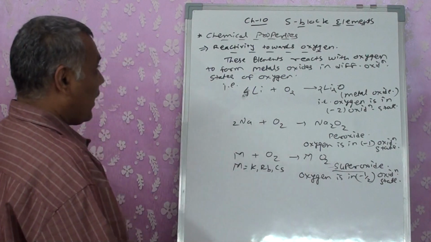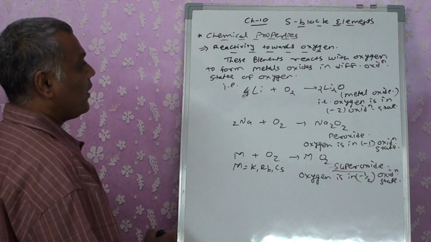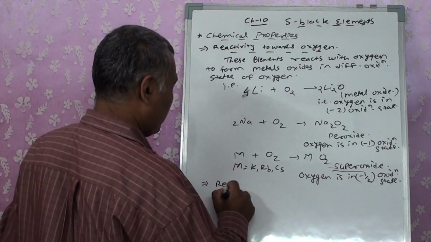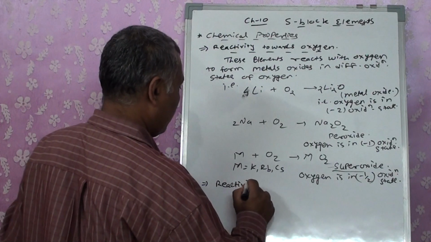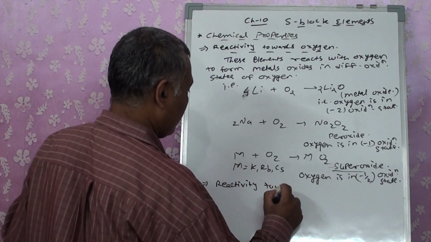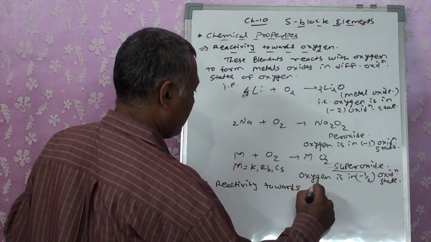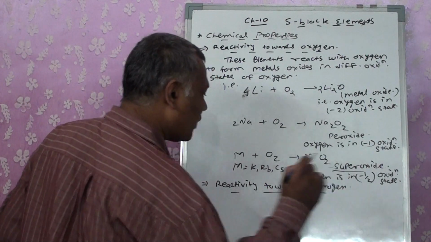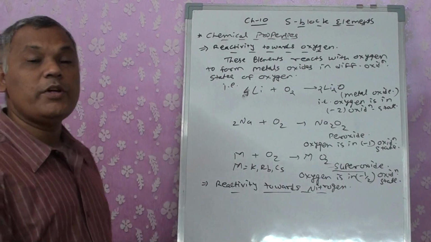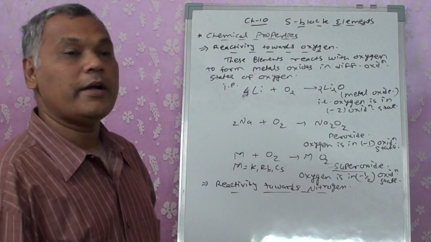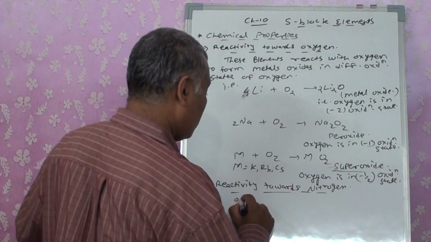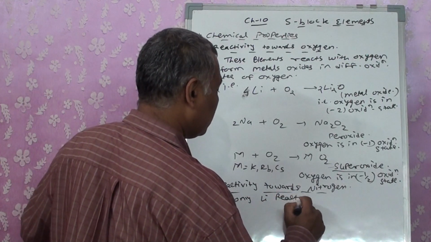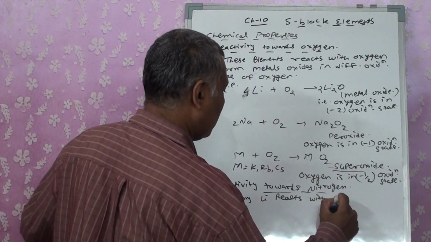Okay. Additionally, when we have a reaction with nitrogen, this is particularly the smallest of it. The reason is it's only lithium which reacts with nitrogen. Only Li reacts with N2.